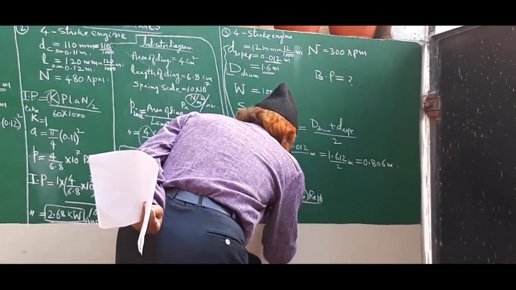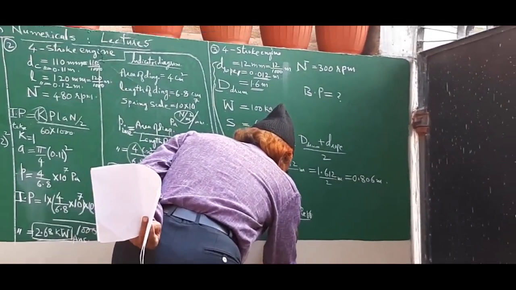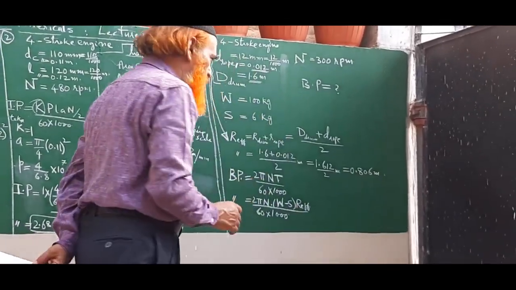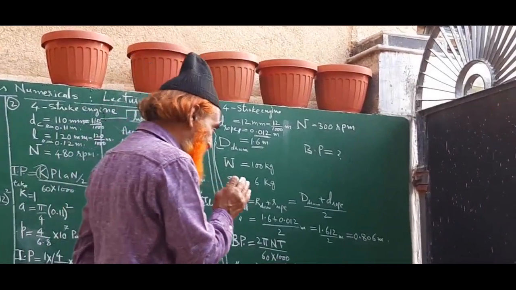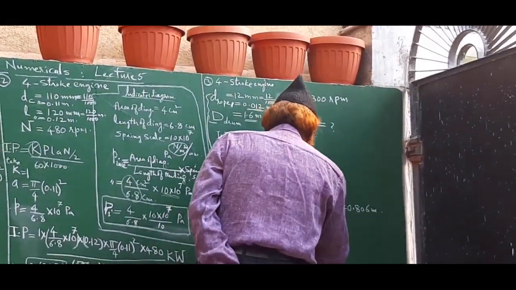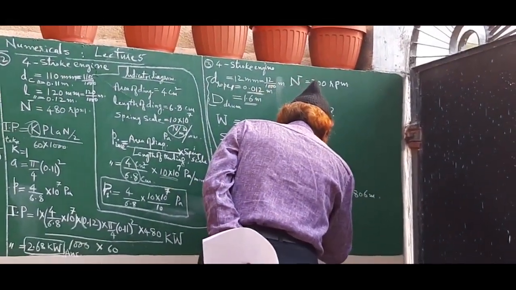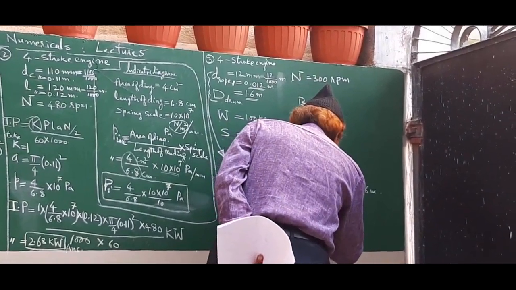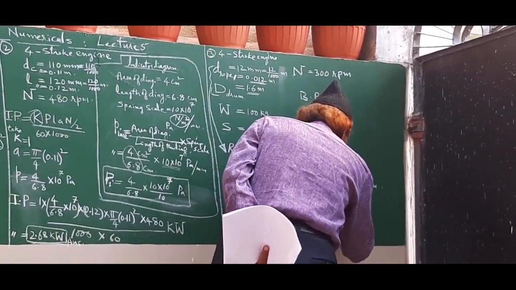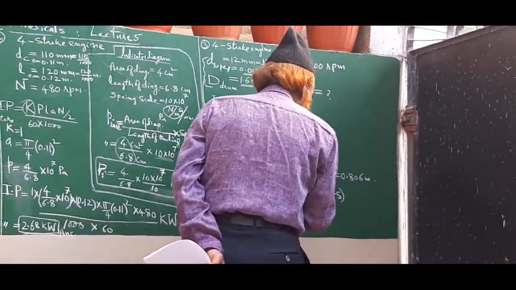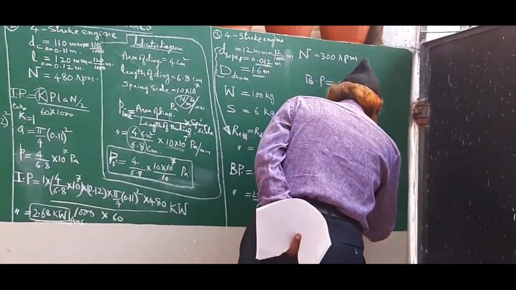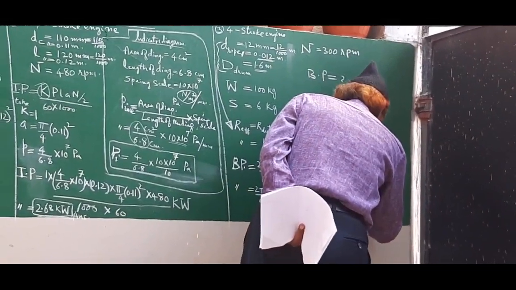But separately finding torque is very good, because at least for finding the torque, whatever mass you get, you will be getting. Therefore, torque T is equal to W minus S into R effective.